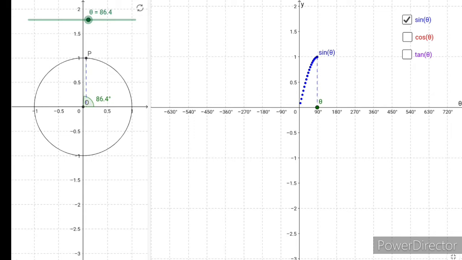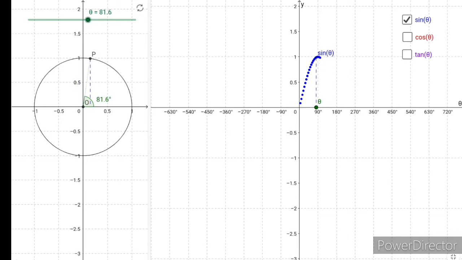When it becomes 90, the length becomes 1, because the radius of the circle is 1. So sin 90 becomes 1, because the hypotenuse of the triangle matches with the opposite side.